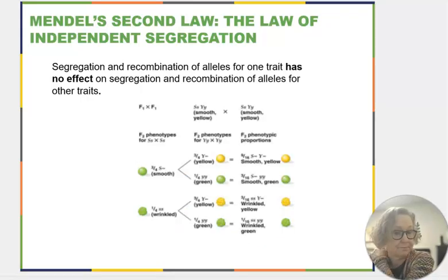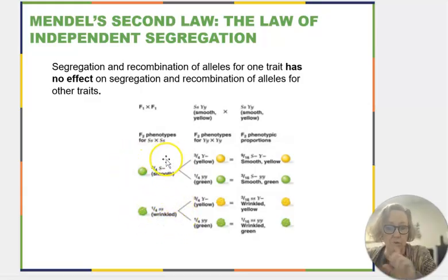Okay, let's do another one. Yellow, smooth phenotype here, okay? Of the smooth, we have big S. So we did this cross, and we found 3/4 are going to be smooth. 1/4 is going to be wrinkled, okay?